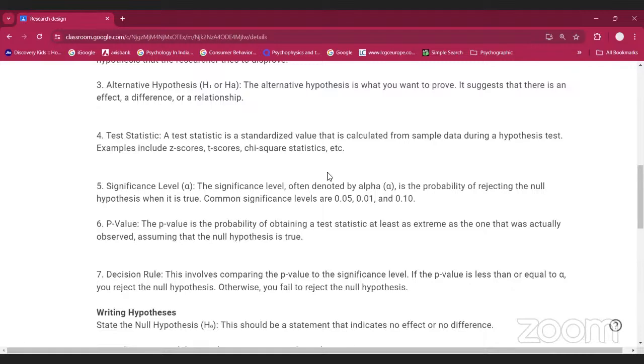If it is at the 0.05 level, then you cannot accept the null hypothesis. If it is 0.06, 0.09, then you can tell, okay, the null hypothesis is accepted.